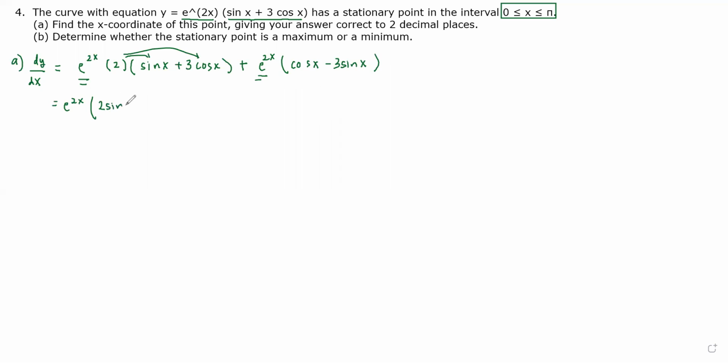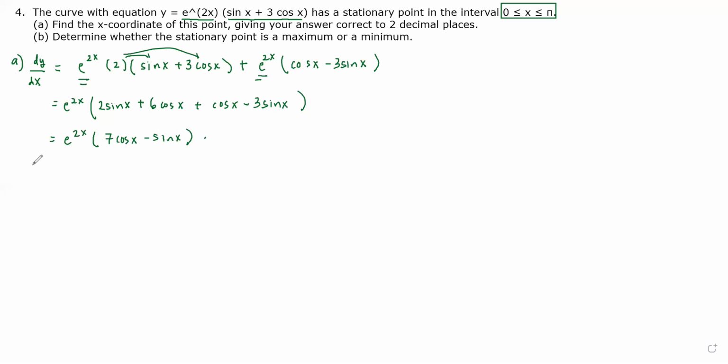So we have 2 sine x plus 6 cos x, plus for this part we have cos x minus 3 sine x, which we can simplify to 7 cos x minus sine x.